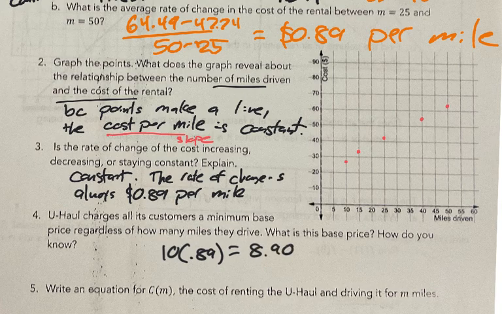But I know when I drove 10 miles, they didn't charge me $8.90. Look back at the table. They charged me $28.89. So what I actually paid minus the cost per mile equals the initial cost, which was $19.99.